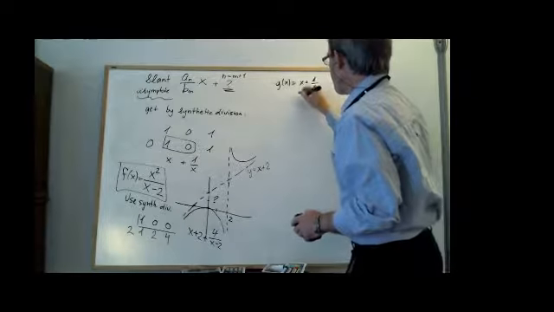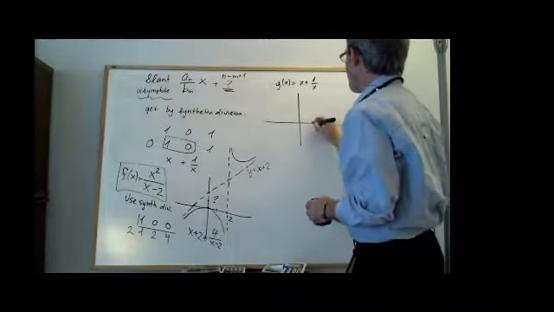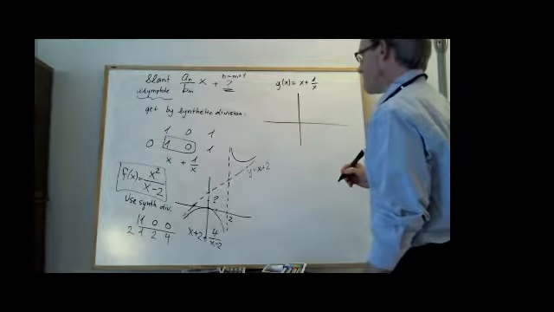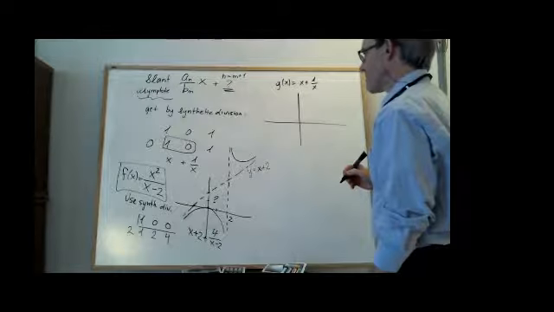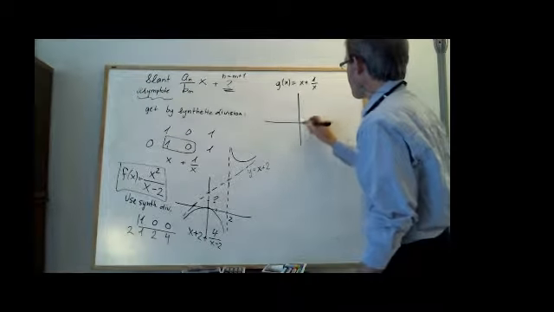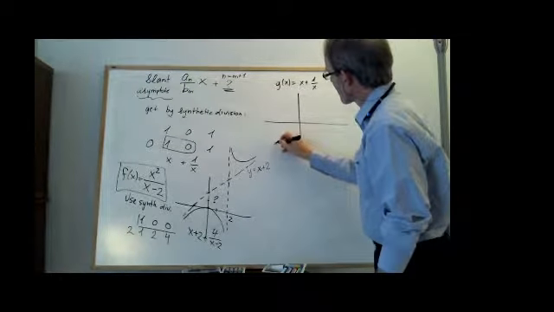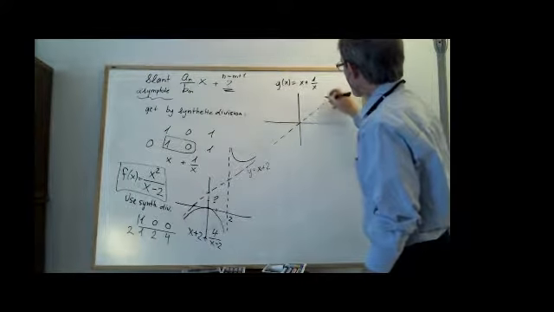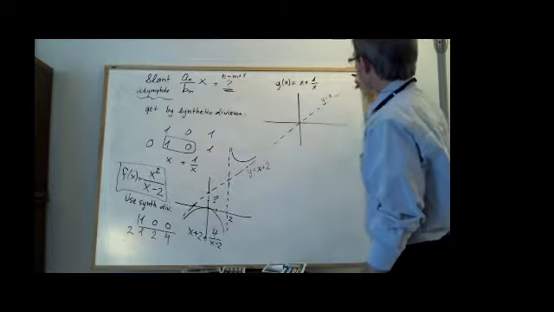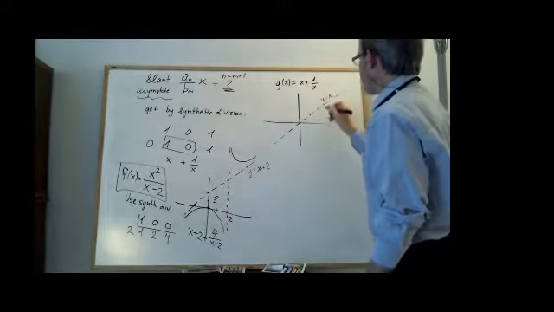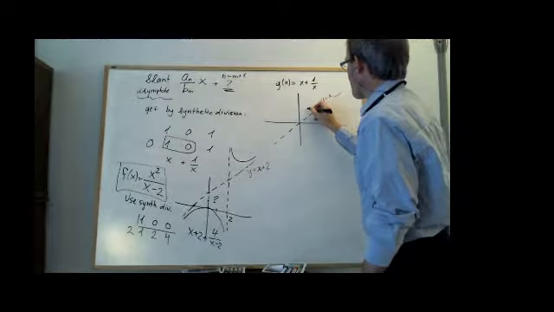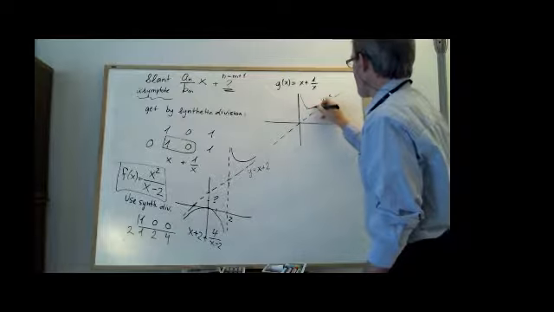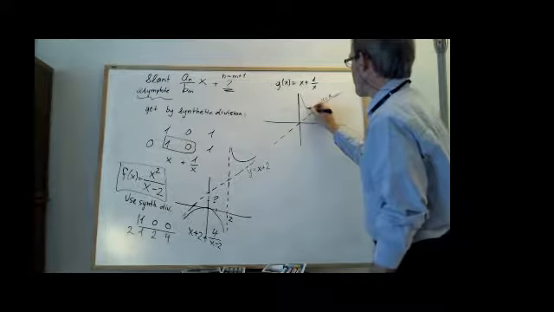That had the form where you had the asymptote y equals x, and this graph approached that and had an appearance like this, had a behavior like this.